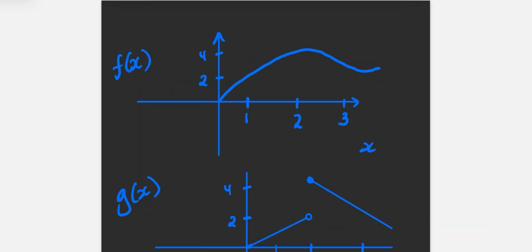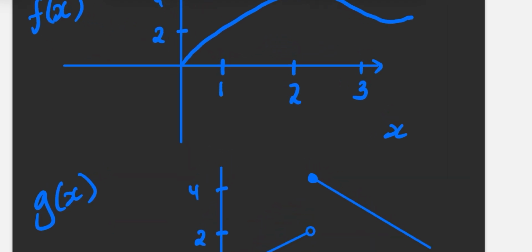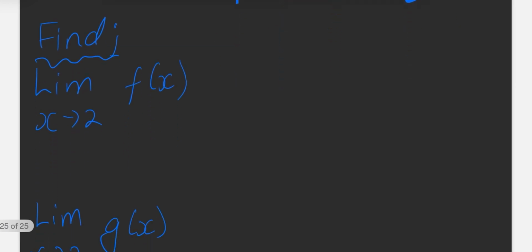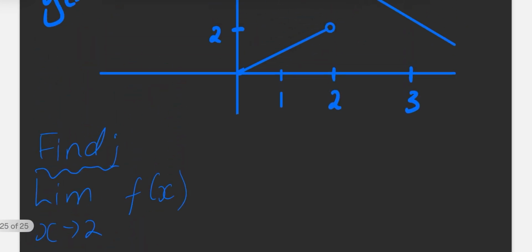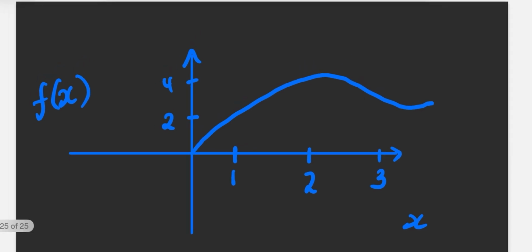So here we have two functions, the first function f of x and the second function g of x, and we need to find the limit as x approaches 2 of f of x. Let's start with that.